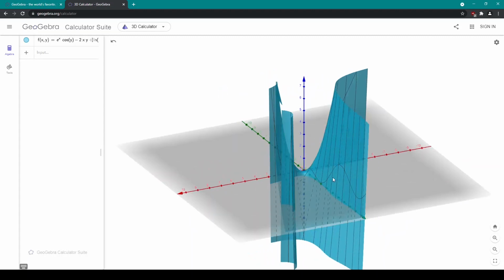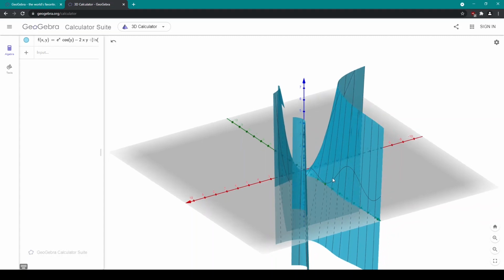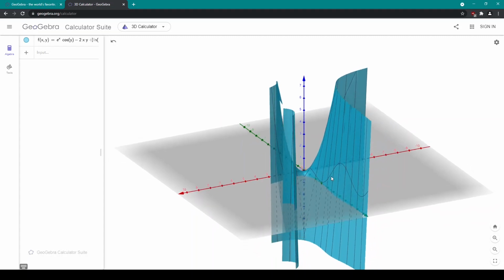It's kind of subtle in the image, but one of the things that they do show, as you can see down here, is the curve if we project to one of our planes. So this is what's going on in the YZ plane, where x is equal to 0.